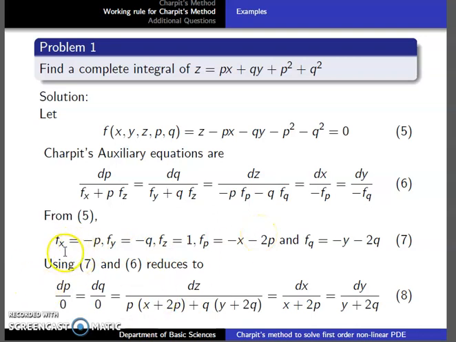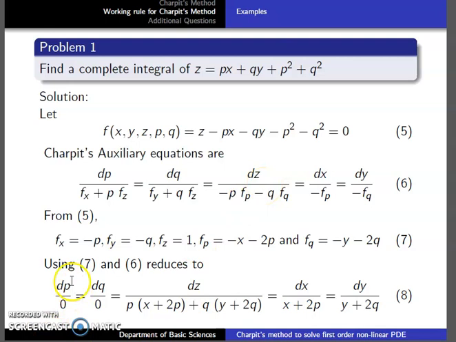We get fx equal to minus p, fy equal to minus q, fz equal to 1, fp equal to minus x minus 2p and fq equal to minus y minus 2q. Then we substitute these partial derivatives in the auxiliary equation.